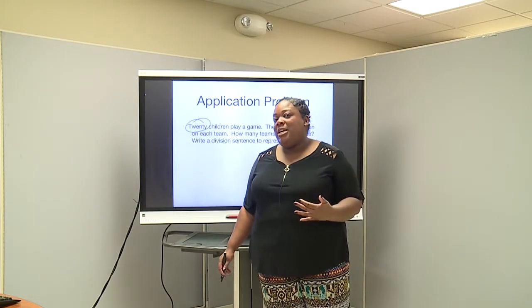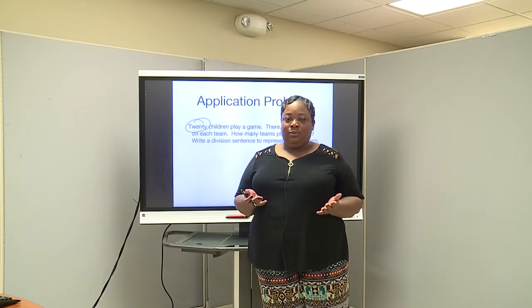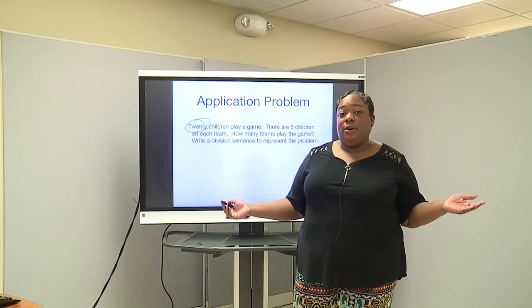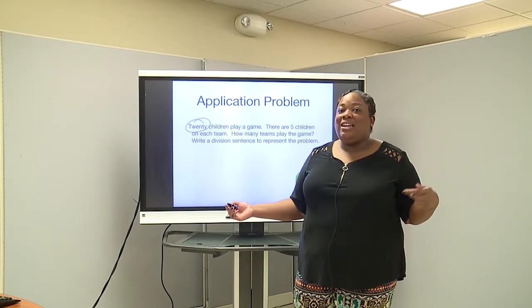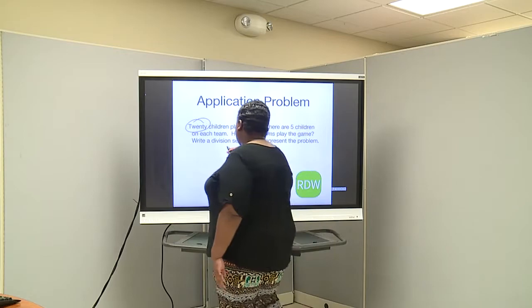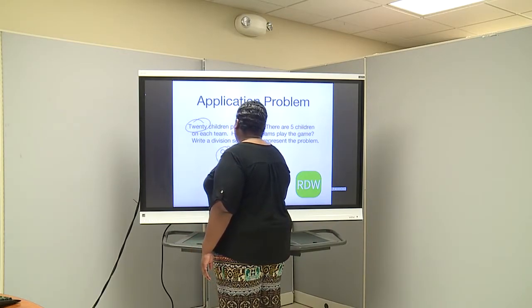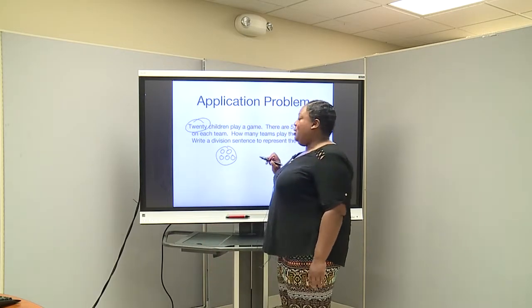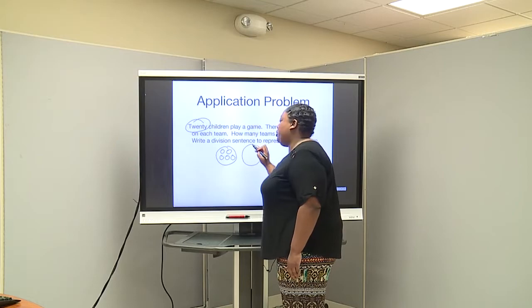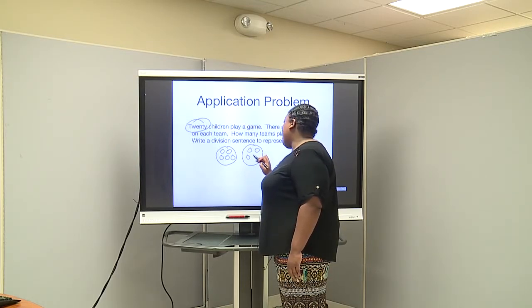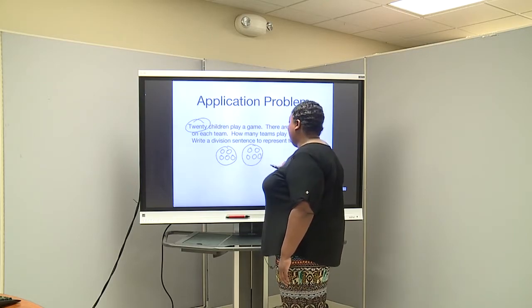So what we can do is draw groups of 5 until we get to our total. And what is our total? 20. Let's try that. So I have one team, 1, 2, 3, 4, 5. 2 teams, 6, 7, 8, 9, 10.